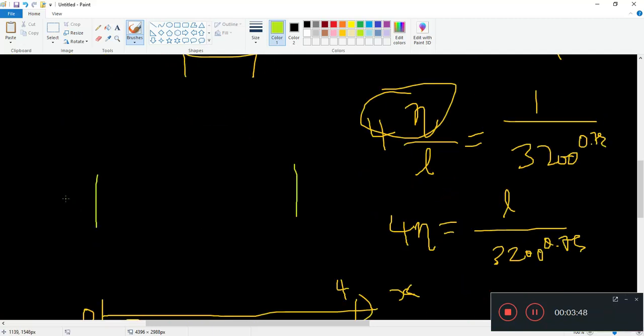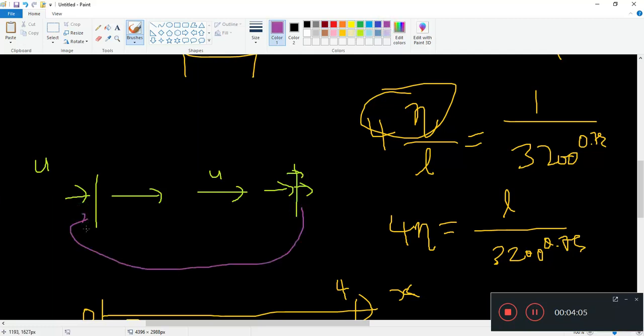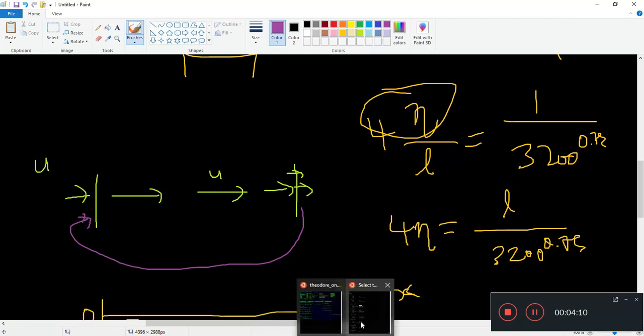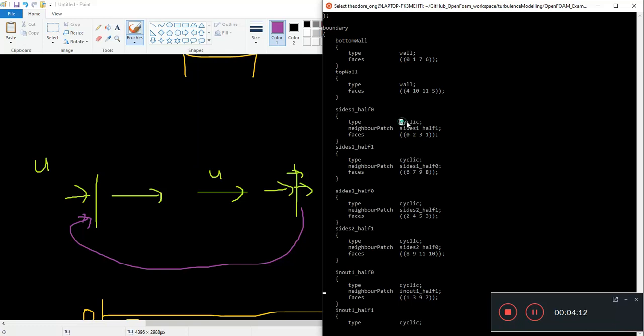If you have velocity coming in here, it will go all the way to the right, and when the fluid goes out there, where does the fluid go? Basically, a periodic boundary condition just recycles the fluid to here. So whenever you see something saying cyclic, this is the periodic boundary condition.